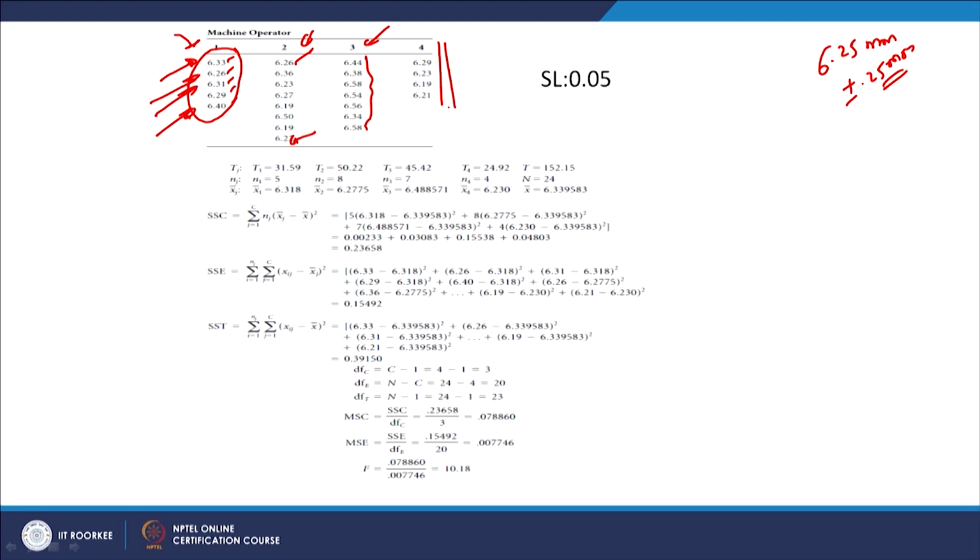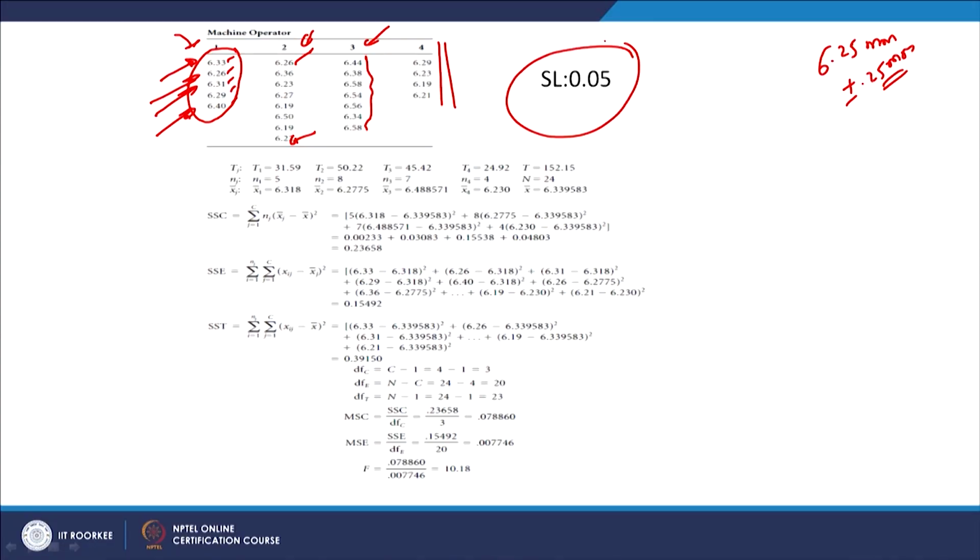Now the question is, can we say that the mean of all these holes is the same, or does the mean diameter of the hole depend upon the type of operator? That is the question. So you would be framing the null and alternative hypotheses.